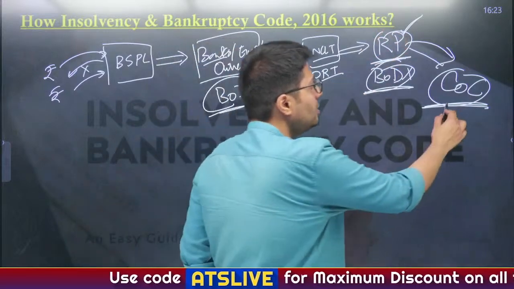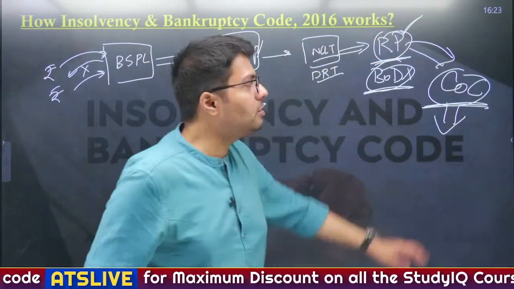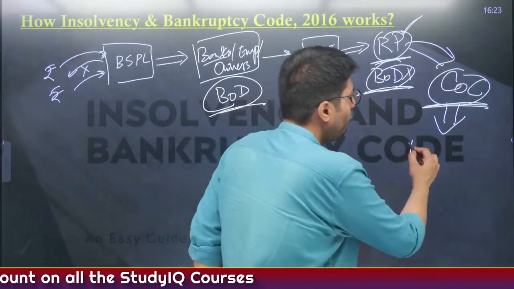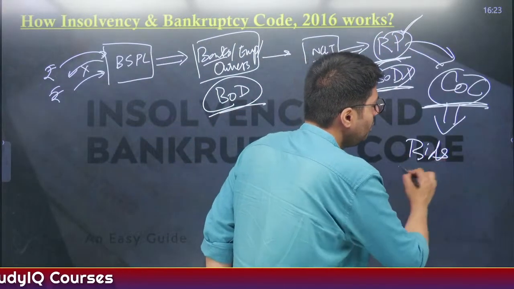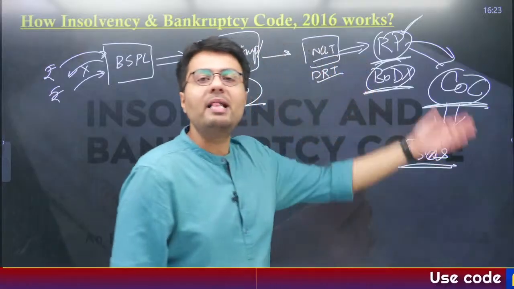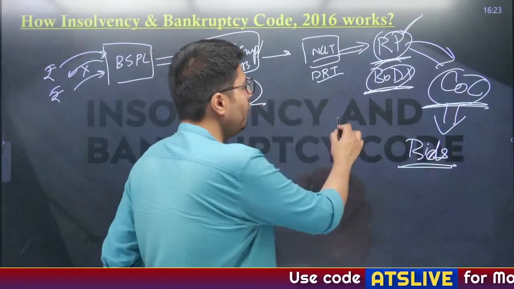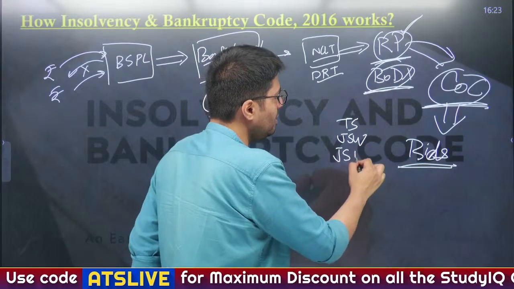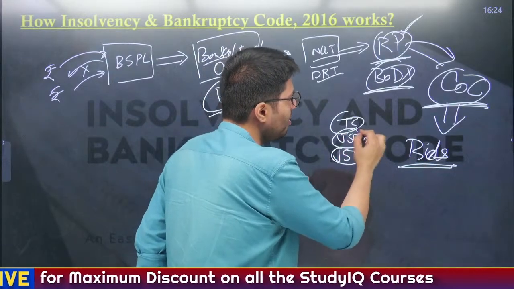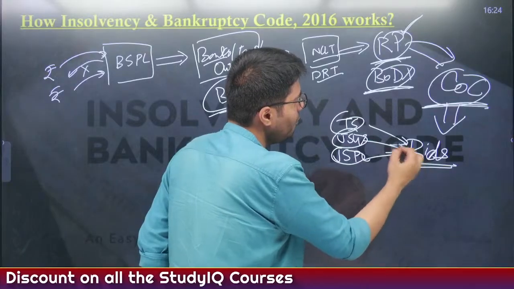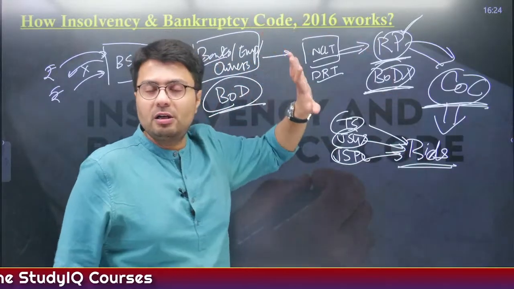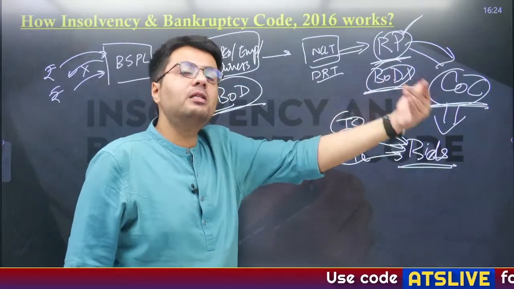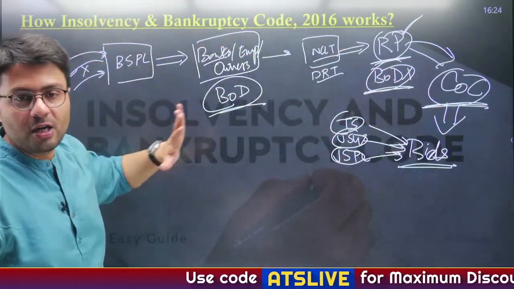Now after this verification of claims has been done, the resolution professional will ask for bids from various organizations who want to buy this company, right? So suppose different companies like Tata Steel, JSW, Jindal Steel and Power Limited will submit their respective bids saying that, see, we will buy this company for this much amount and we will try to make this company do good business again so that it can return the loan to the original creditors.